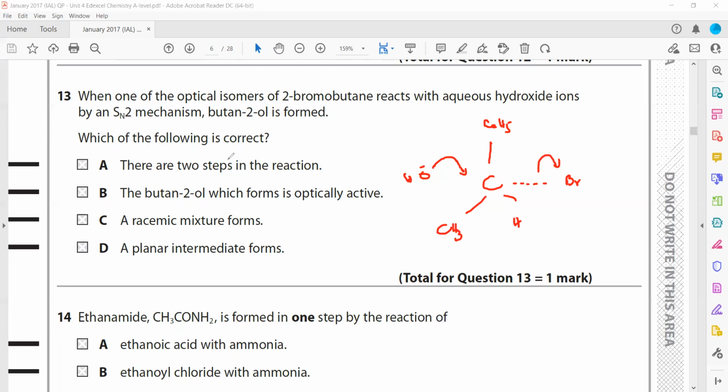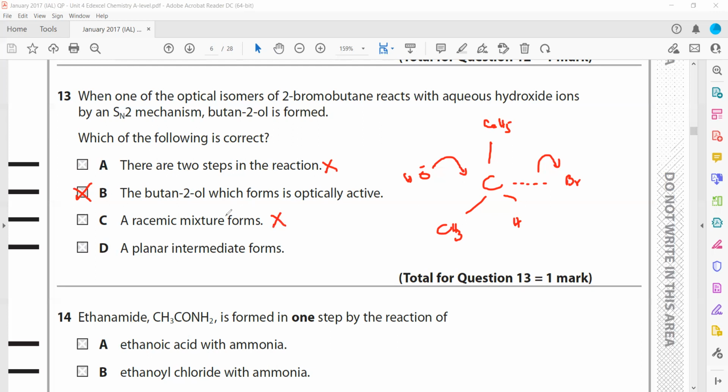So there are two steps in the reaction. That is wrong. Here, one step, bond breaking and bond forming, takes place at the same time. Butan-2-ol which forms is optically active, that is true, because there is a chiral carbon present when bromine leaves and OH is attached. A racemic mixture is formed. Here the OH can attack only from one position, so it does not form a racemic mixture.